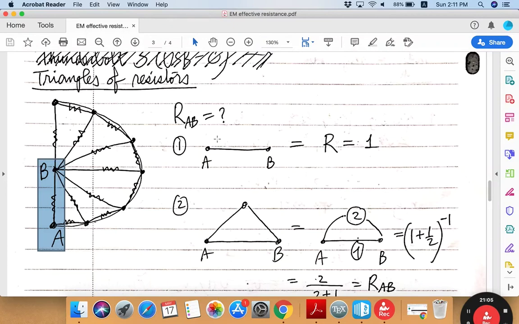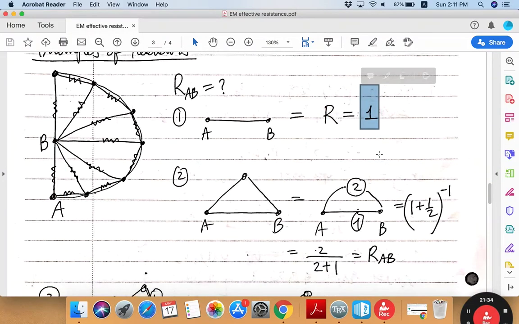After some thinking about the strategy, probably it will occur to you that the best way to proceed is by induction. That is, first of all, you pretend that there's only one wire segment connecting the 2 points A and B, in which case the resistance is obviously R. And I'm going to take R to be 1, because R is basically just a unit, and I'm taking this unit to have a value of 1 ohm.